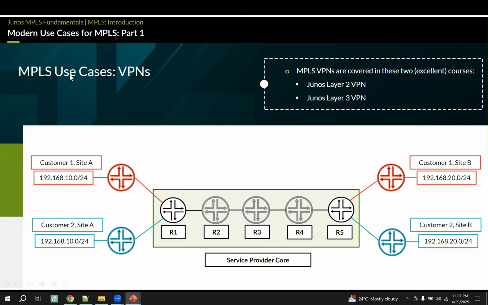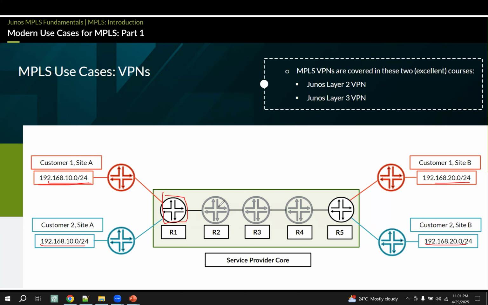Another MPLS use case is VPN. Consider you have multiple customers. This is customer one site A, this is customer one site B. Another customer site A, another customer site B. See here, the customers' local IP prefixes are the same, and the customers are demanding a logically separate routing table.